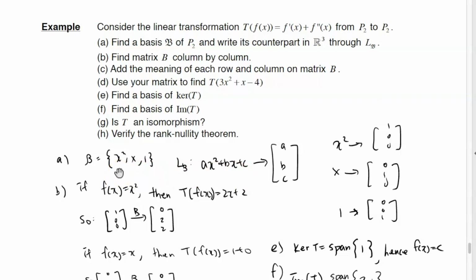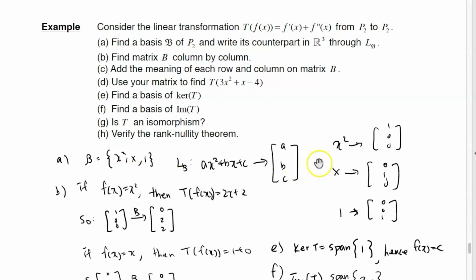But it's not the only way. You could choose any 3 quadratic functions, provided that with any linear combination, it spans all the quadratic functions. So, write its counterpart in R3 through LB.